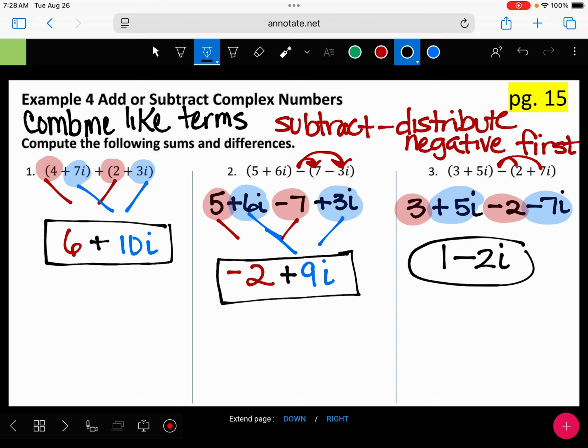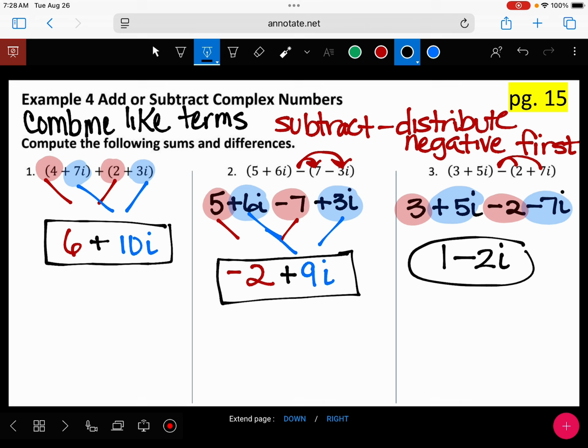All right, let's go ahead and look at what we got. So the first thing I did was I distributed the negative. So that made that +2 become a -2. And the +7 switched to a -7.